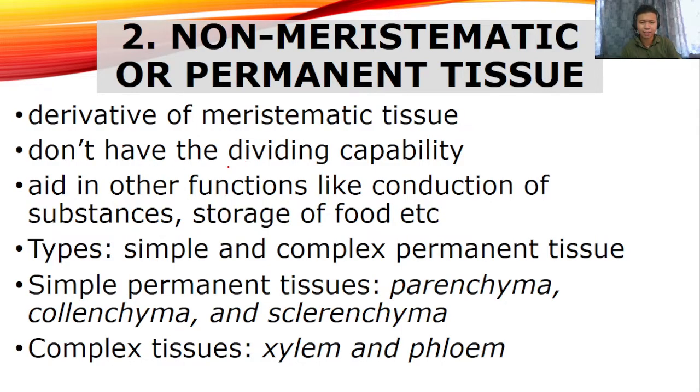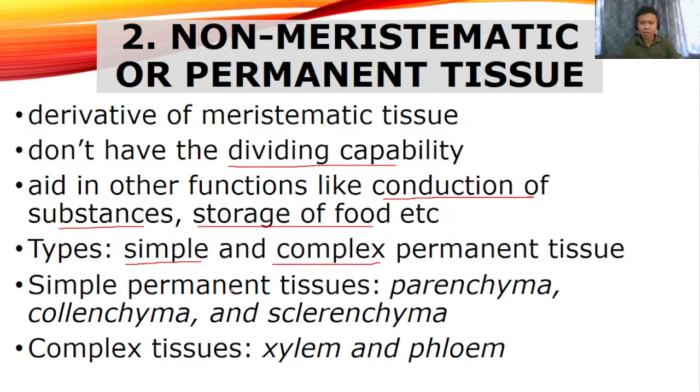They do not have the dividing capacity, but they function in the conduction of substances such as water and food. Okay? So there are types of non-meristematic tissues. Okay? These are the simple and the complex non-meristematic tissue, or the simple permanent tissue and complex permanent tissue.